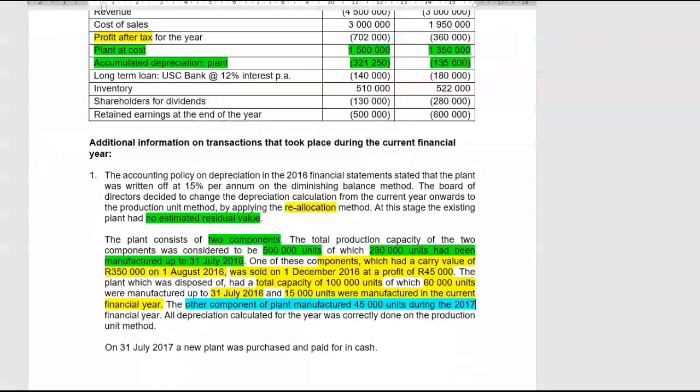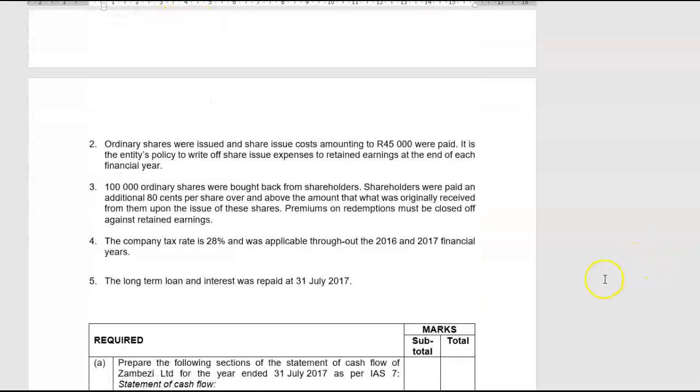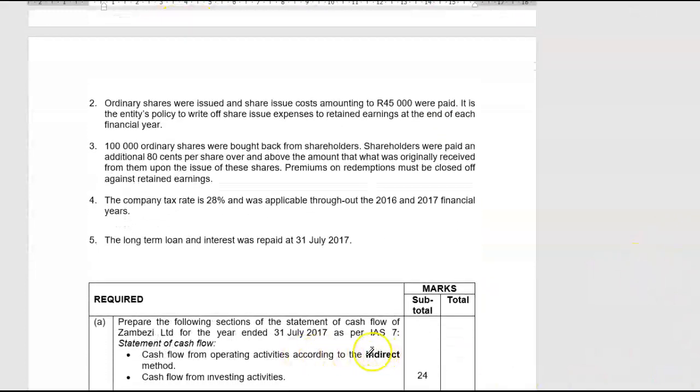Good. Now the question said we have to show cash flow from operating activities, and we have to follow the indirect method. So if we're going to follow the indirect method, we are going to start with profit before tax. The company tax rate is 28%, and it was applicable for both years.